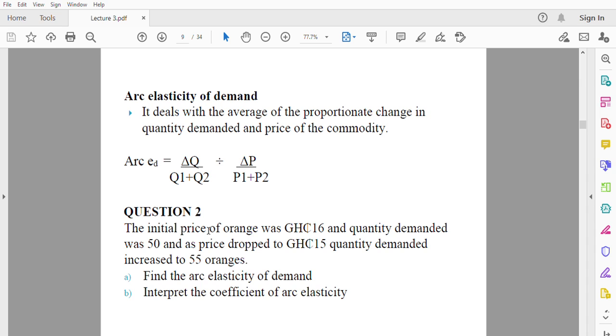Right, so you may want to try your hand on this question. The initial price of orange was 16 Ghana cedis and quantity demanded was 50. And as the price dropped to 15 Ghana cedis, quantity demanded increased to 55 oranges. Find the arc elasticity of demand and interpret the coefficient of arc elasticity.